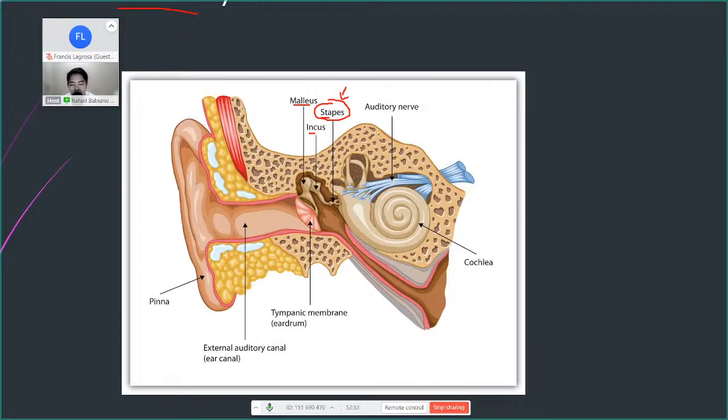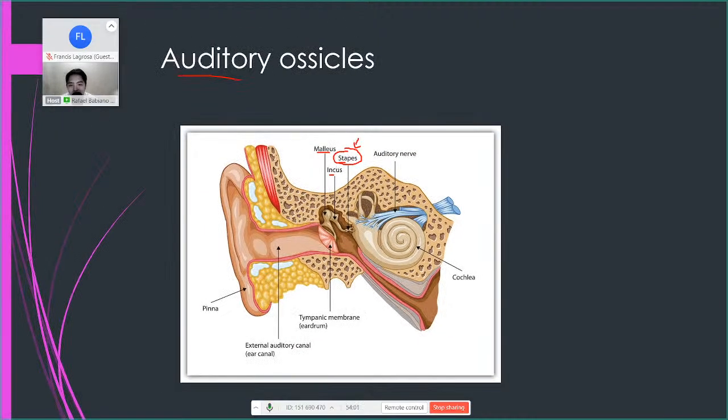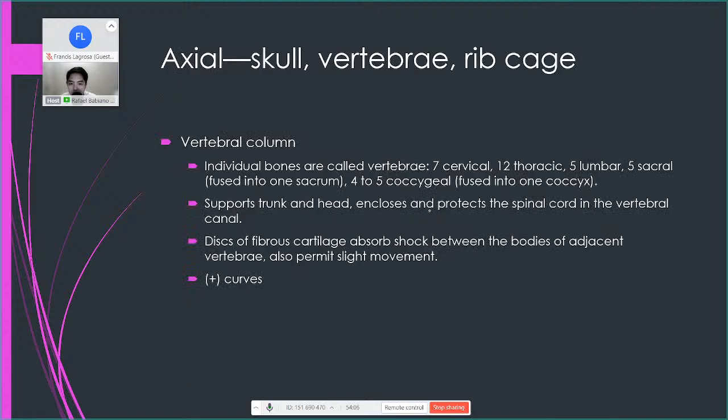So for now, just know that the malleus, incus, and stapes are also bones. There are 3 on each side, so 6. Okay, 3 on the left, 3 on the right. Okay, we're done with the skull or the head. Now we go to the spine, the vertebral column.